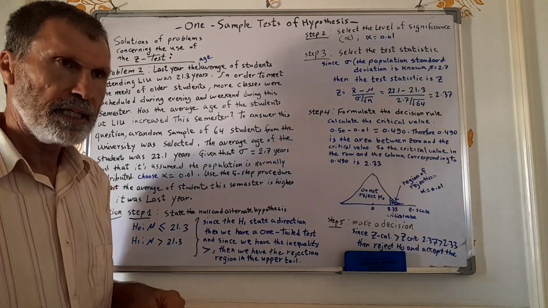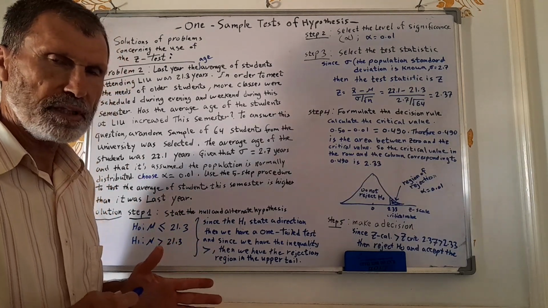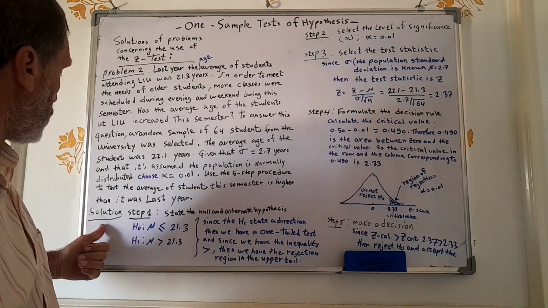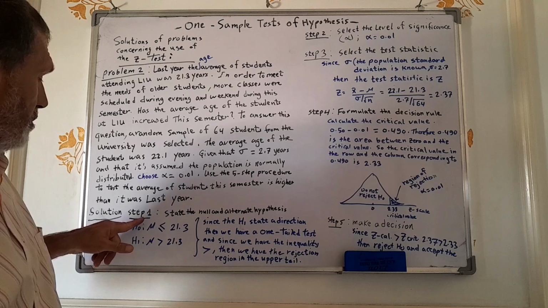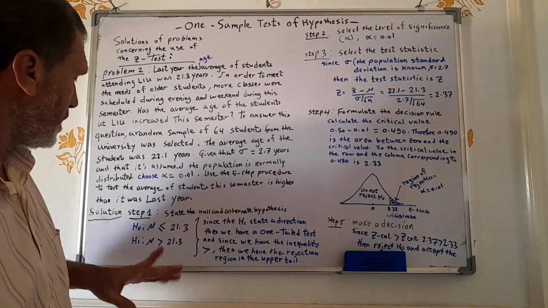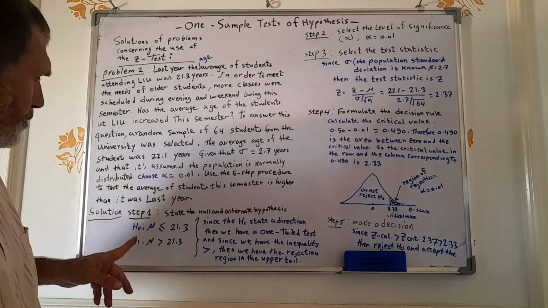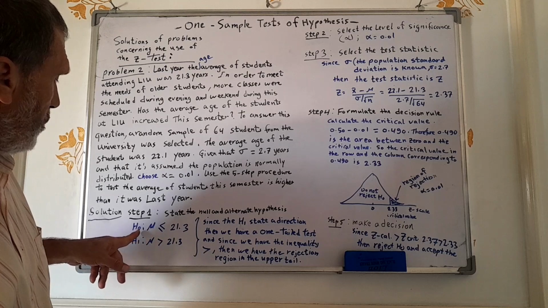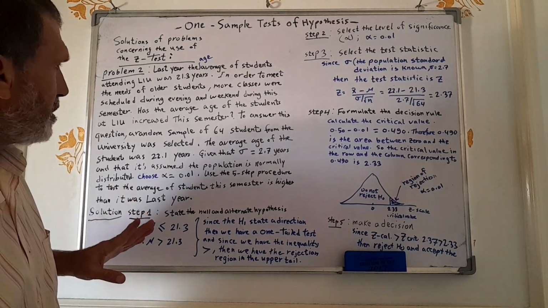So we have a claim here. Solution, step 1, state the null and alternate hypothesis. We have here a one-tail test.